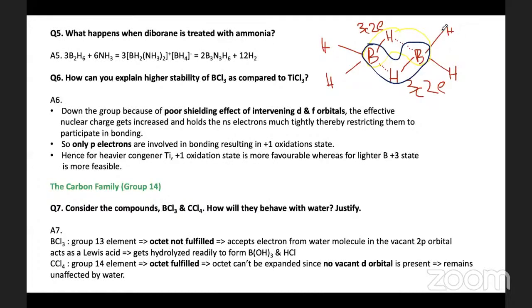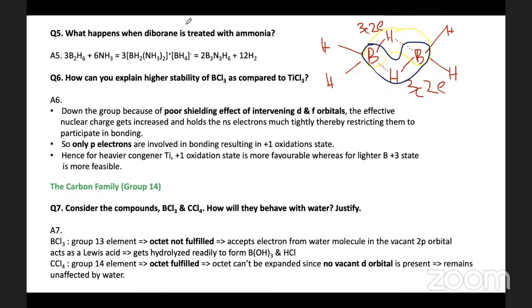But in the middle bridging hydride cases, there are 3-centered 2-electron bonds. So we have 4 2-centered 2-electron bonds and 2 3-centered 2-electron bonds in B2H6. So in B2H6, the geometry and also the bonding are quite interesting.